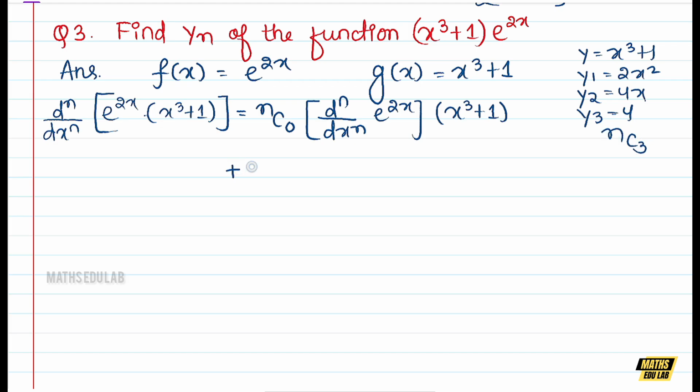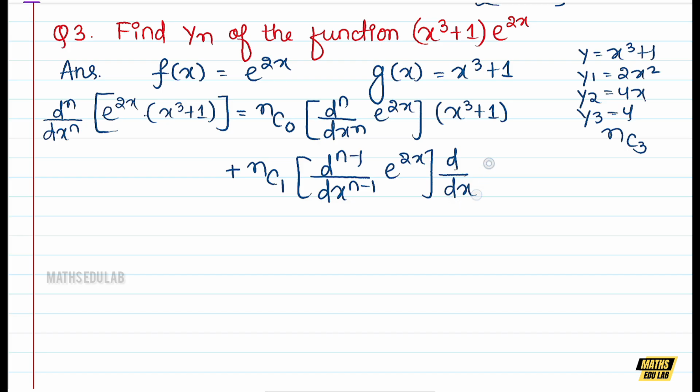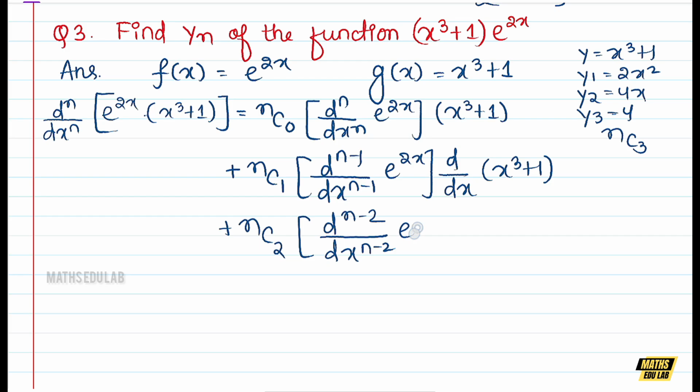Then the next term will be written as nC1, d^(n-1) by dx^(n-1) of e to the power of 2x, times d by dx of x cube plus 1. Again nC2, the derivative d^(n-2) by dx^(n-2) of e to the power of 2x, times d square by dx square of x cube plus 1.